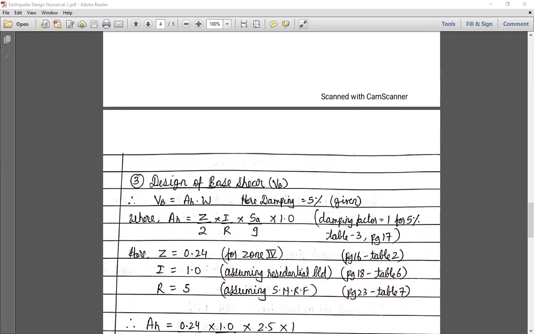Okay, so I have mentioned all the details alongside the step so that you can refer the IS code and understand. Okay, so this is given on page number 17, table 3. So let me just go through that. Table 3 for the damping percentage 0.5.